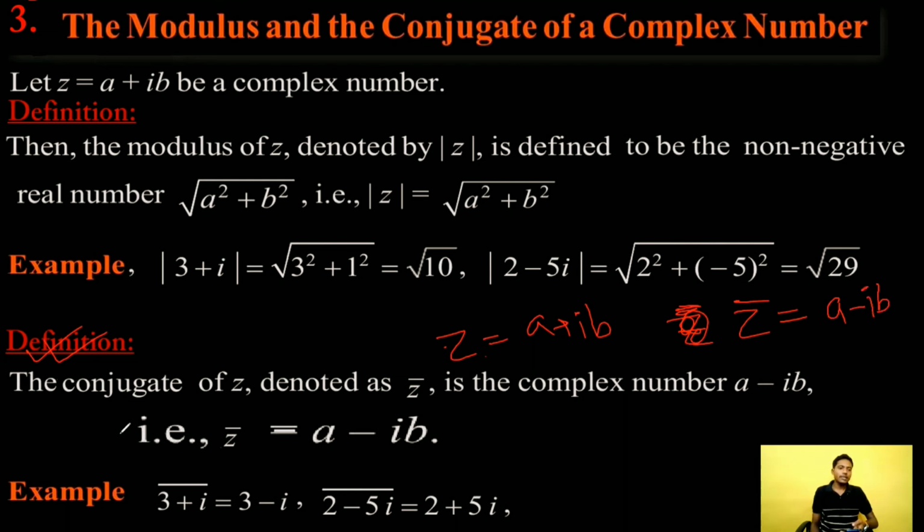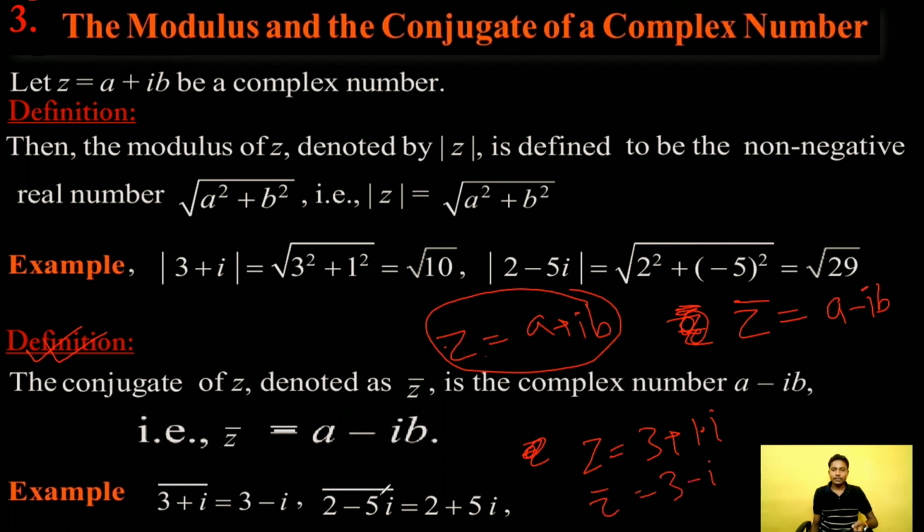This is an example. If z is equal to 3 plus 1 into i, so z bar is equal to 3 minus i. Here this is also an example of the modulus and conjugate of a complex number. Clear?